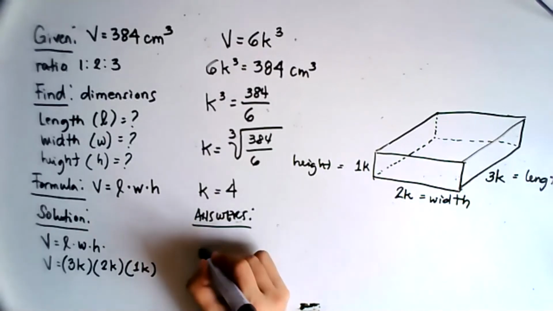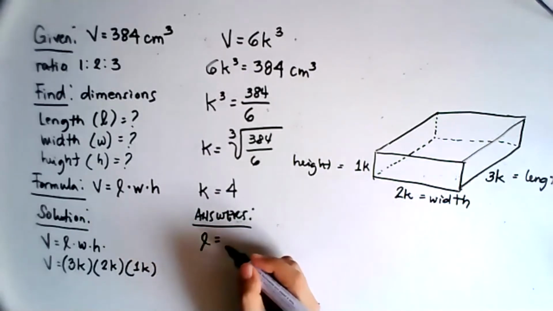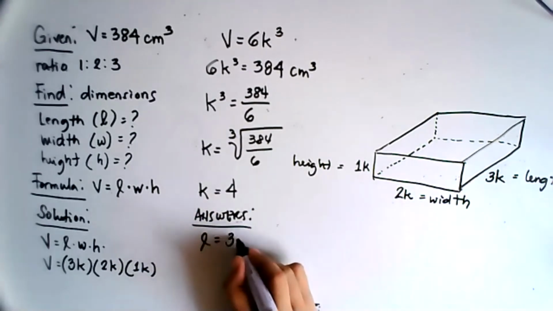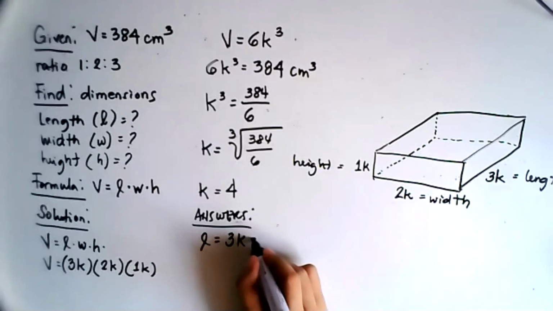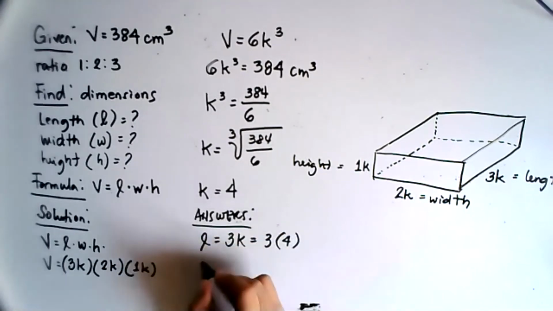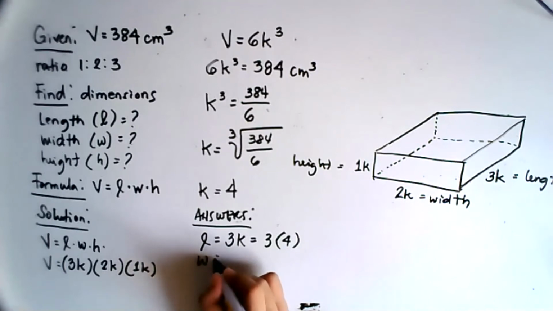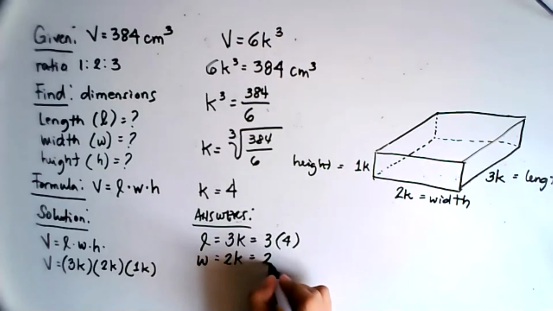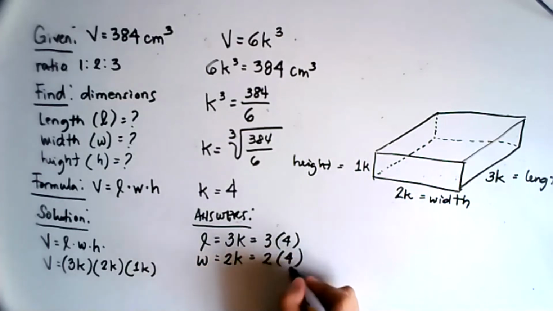Okay, length is equal to 3 times K. So that is 3 times 4. Width is 2 times K, or 2 times 4.